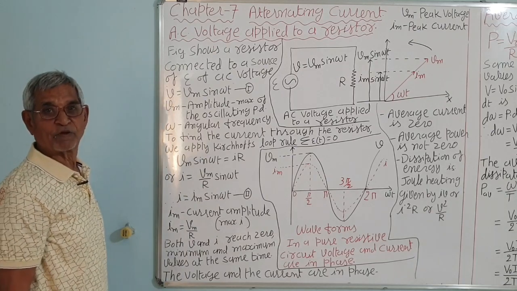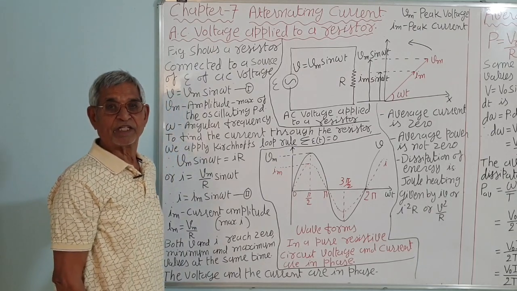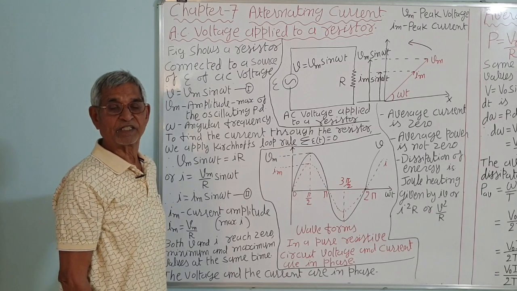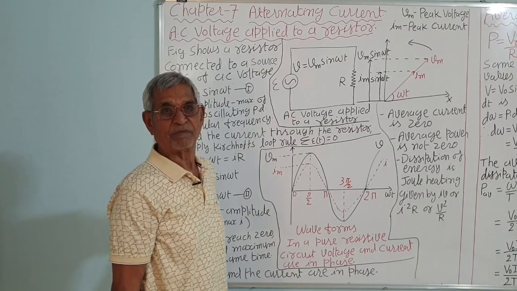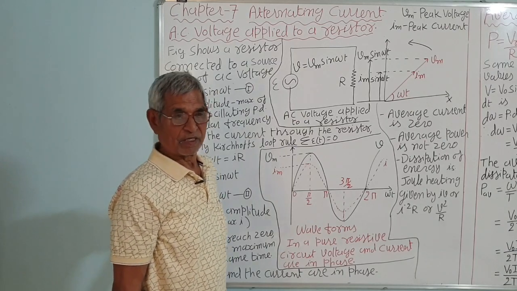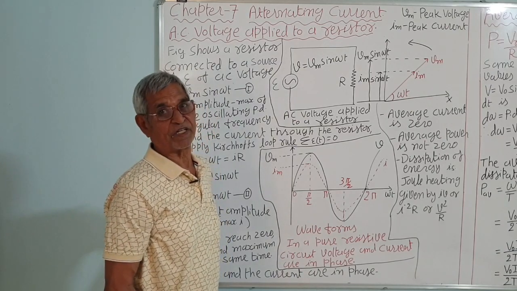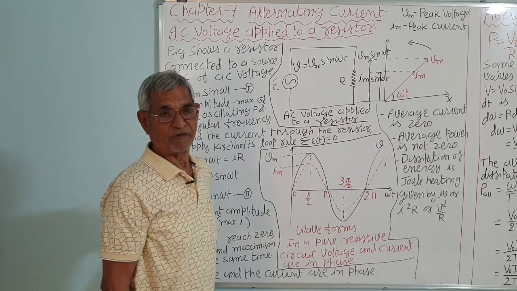AC has advantages over DC. AC is more economical than DC. DC is a direct current, but we use AC in many ways. When we need DC, we convert it by using a device.